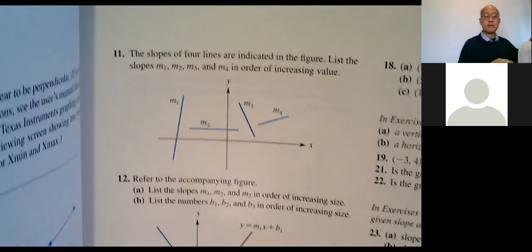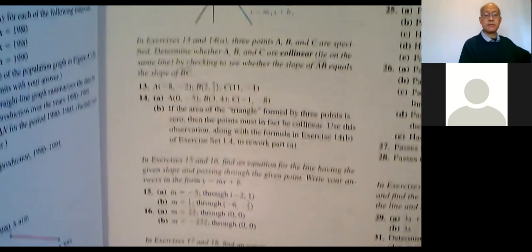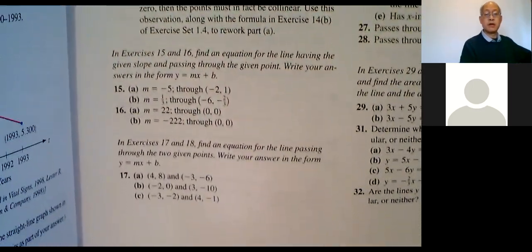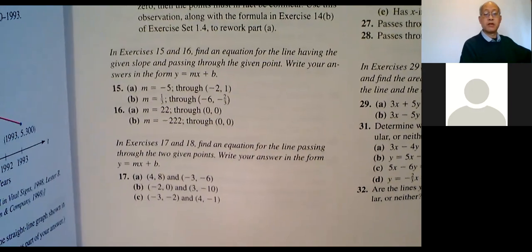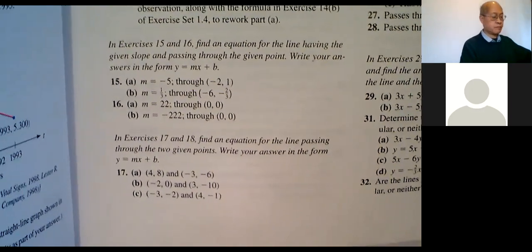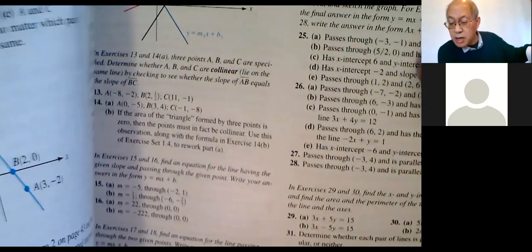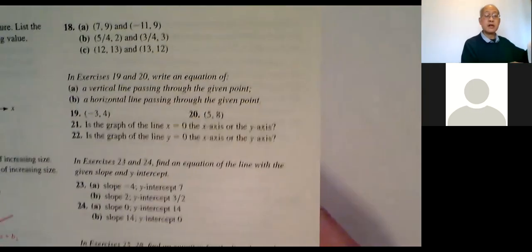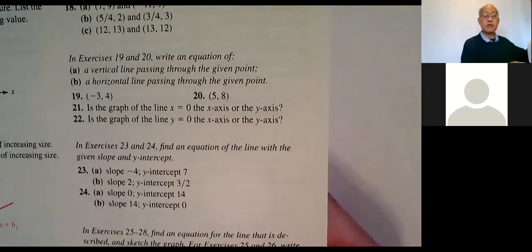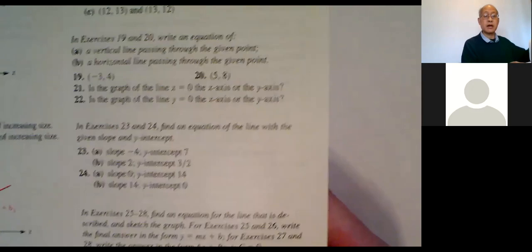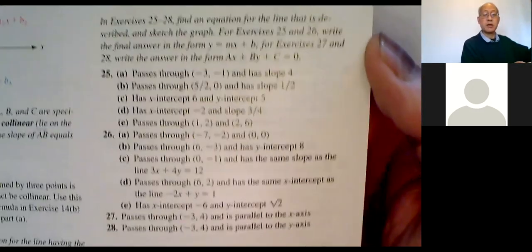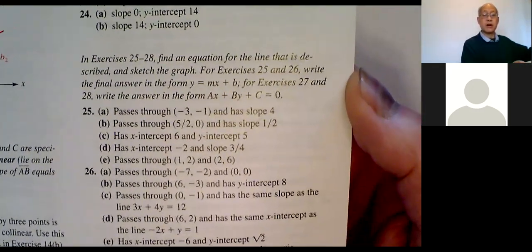Okay, next page. 11. 13. 15, 17. And let's see, how high do we have to go again? 35. So let's see. 19 and 21 and 23, I think. Yeah. All there. And 25.